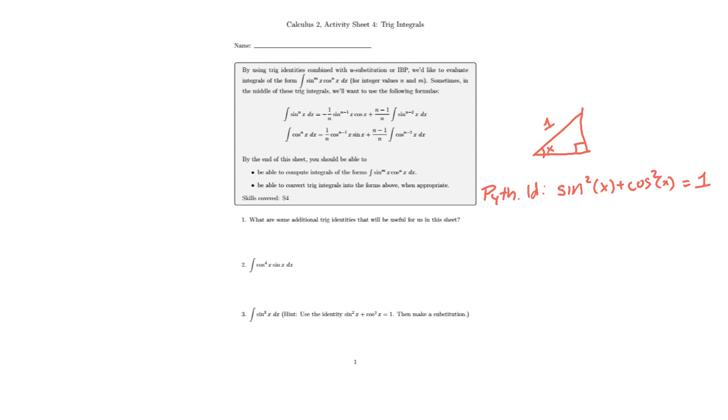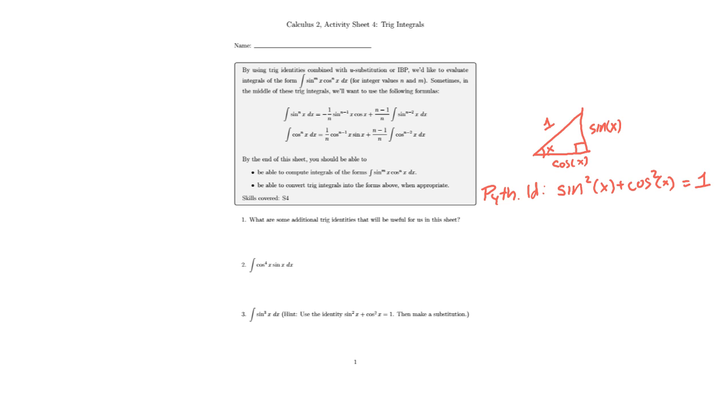The distance along the bottom, that is exactly the cosine function. So that's cosine of x. And what we have going up here, that's exactly sine of x. So the Pythagorean identity, this trig formula, really comes from the Pythagorean theorem, which was just a squared plus b squared equals c squared. So that's secretly what's going on here.